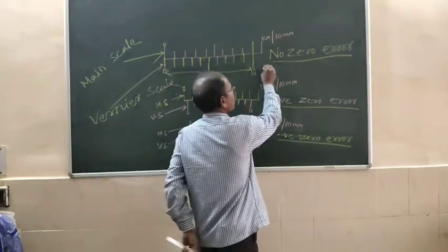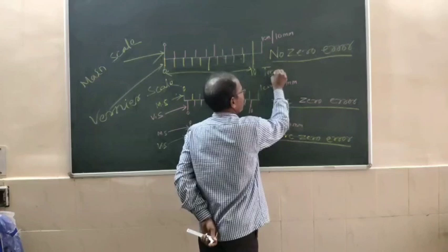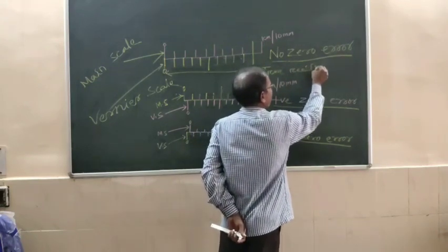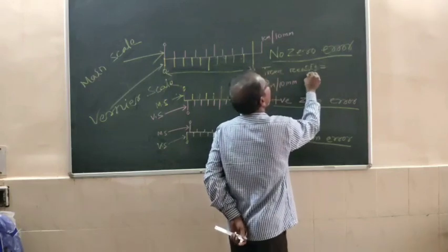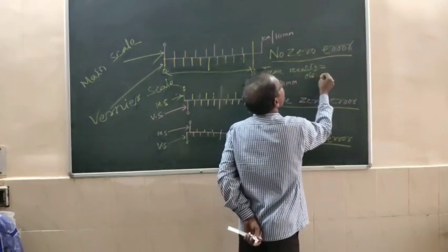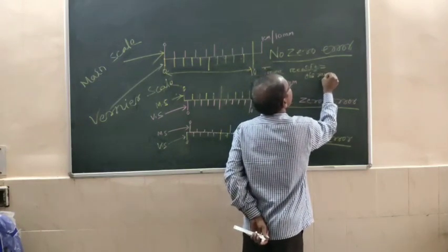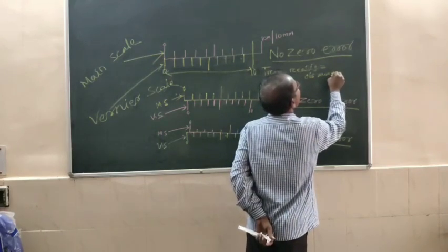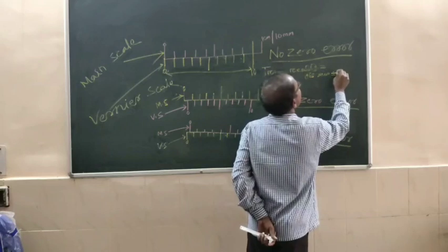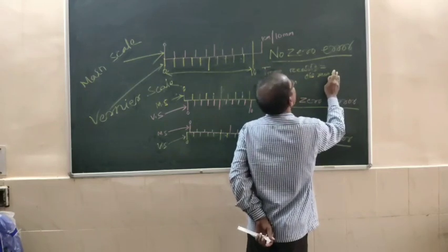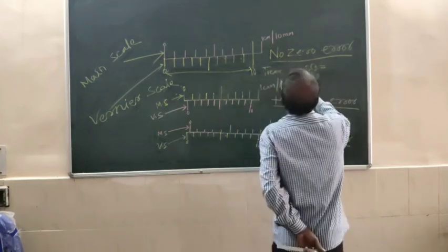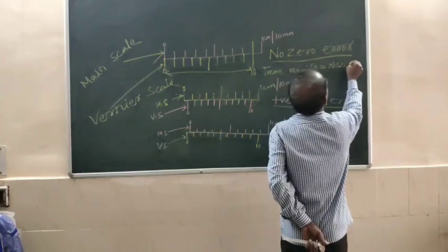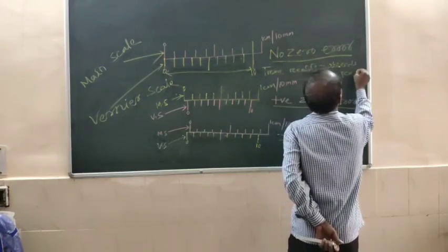In this case, true reading is equal to the observed reading.